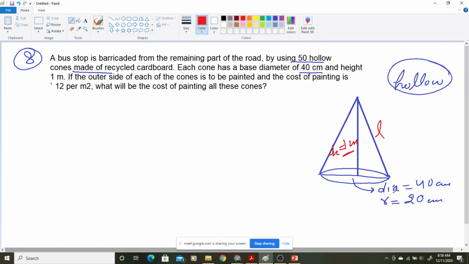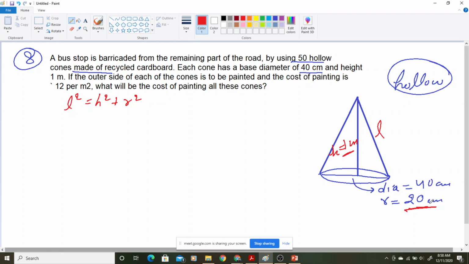This is given in meter, this is given in centimeter. So we have to make the unit same, तभी तो हम formula use कर पाएंगे. So L square is equal to h square plus r square. Now in place of this 1 meter, either I will be changing this meter into centimeter or this centimeter to meter.